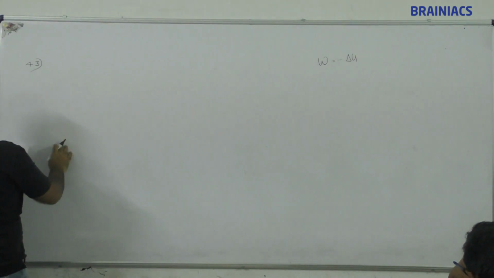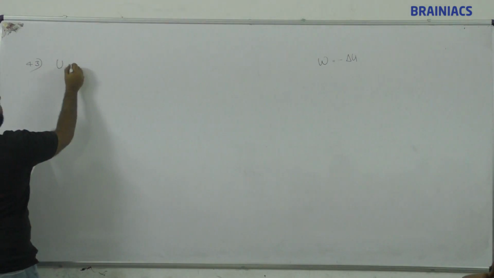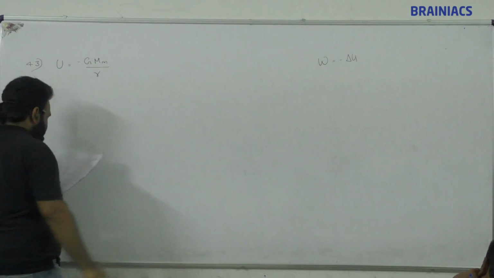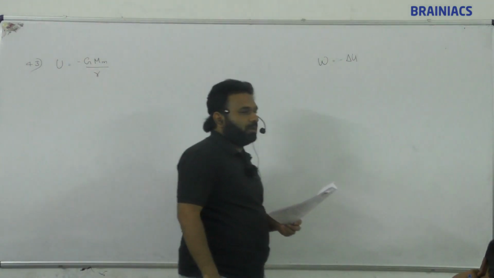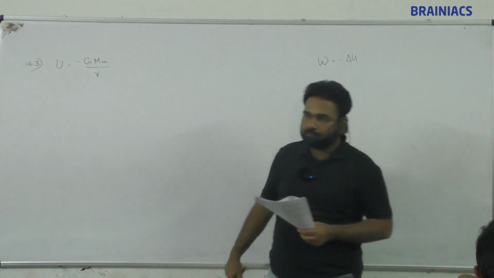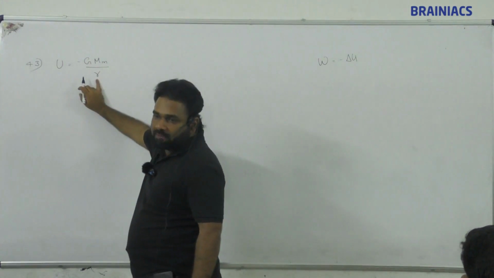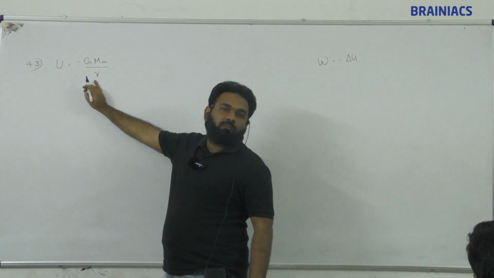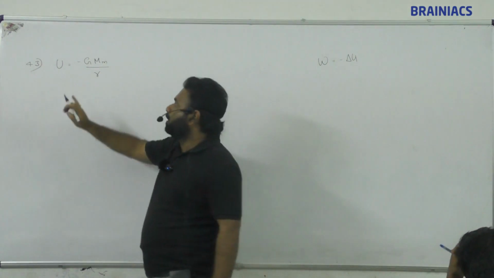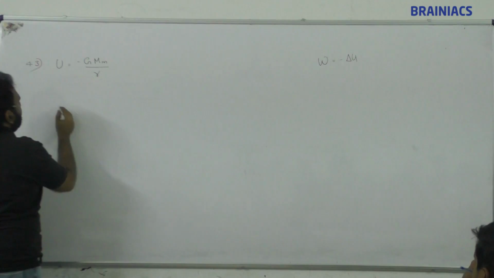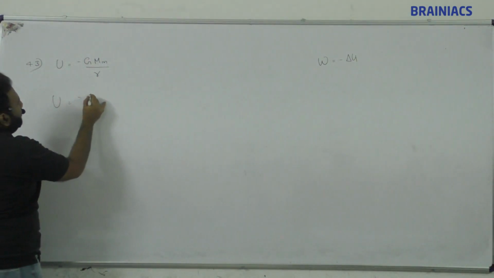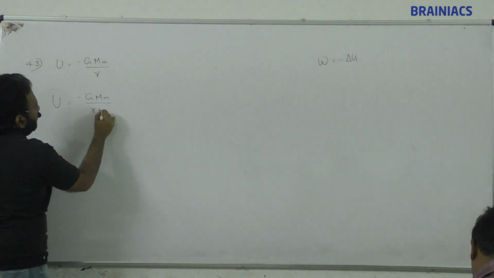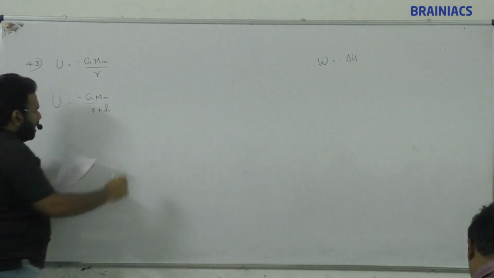Okay, so U is equal to minus GMm divided by r. This is the general formula of potential energy. This r is not the radius of Earth. This r is the distance from the center of one mass to the center of the other mass. Suppose we keep the object at a height h, what do we do? GMm divided by r plus h.